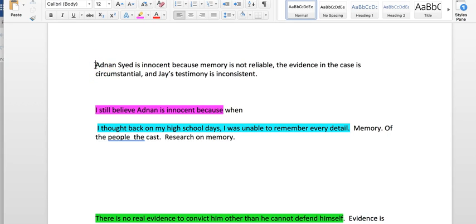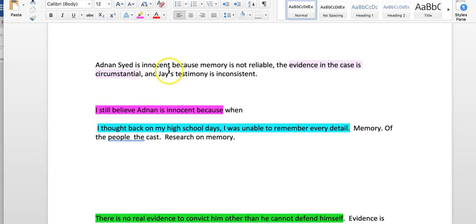This is something that I think would be really workable, because when you're going through and you're looking at maybe your research log, or you're looking at more evidence or more articles that you want to look at, you are wanting information about memory and memory not being reliable. You're wanting evidence, circumstantial evidence. So you may want to define what circumstantial evidence is, right?